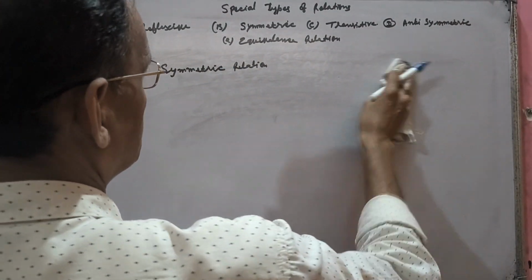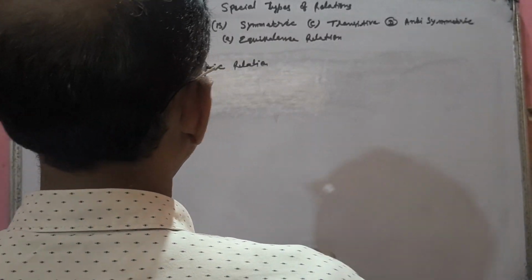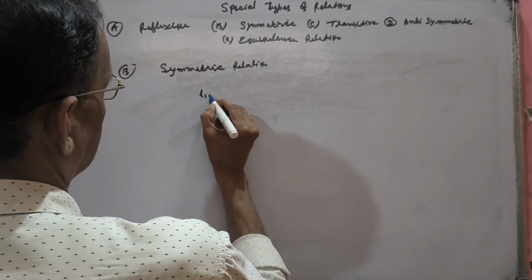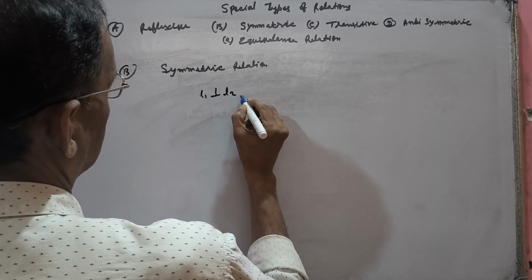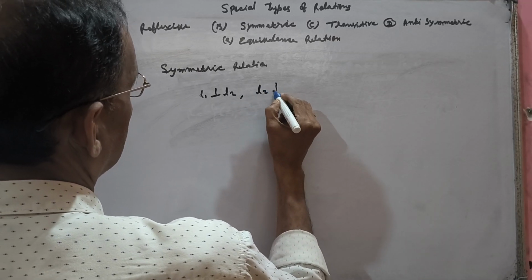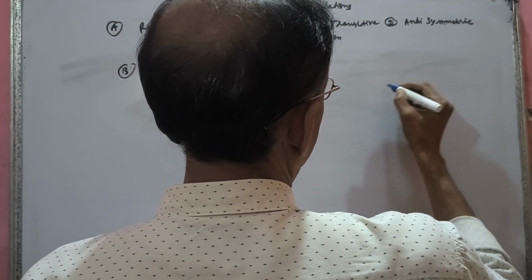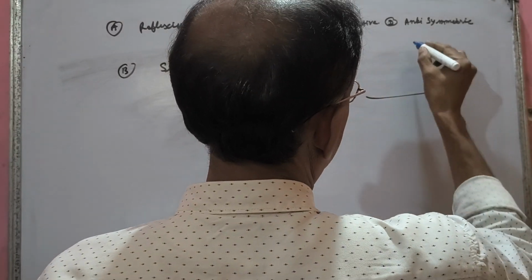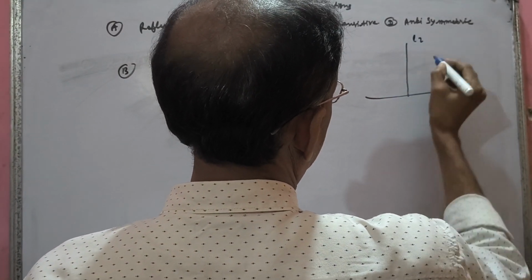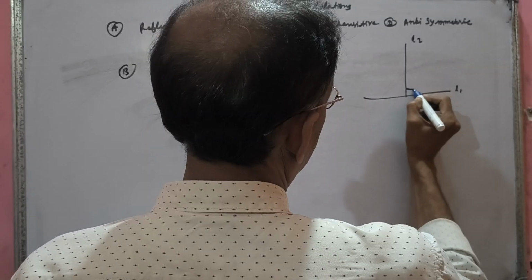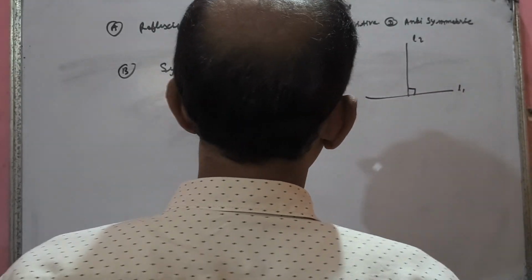So many examples. This line L1 is perpendicular to L2, then L2 will also be perpendicular to L1. If L1 is perpendicular to L2, L2 is perpendicular to L1.